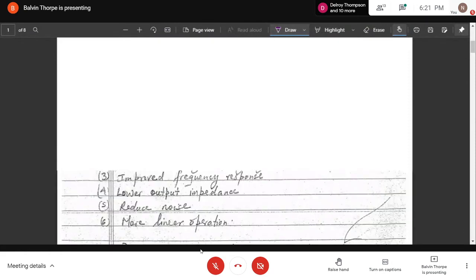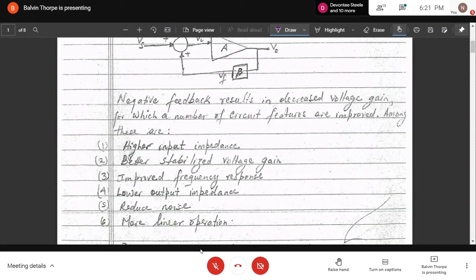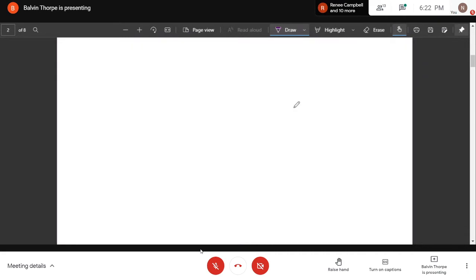Yes, sir. One of the first and foremost things that happens with negative feedback is a decreased voltage gain. I want to have high input impedance and low output impedance. So let's look at some of these things.